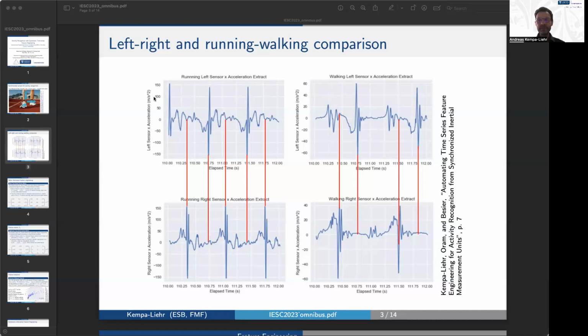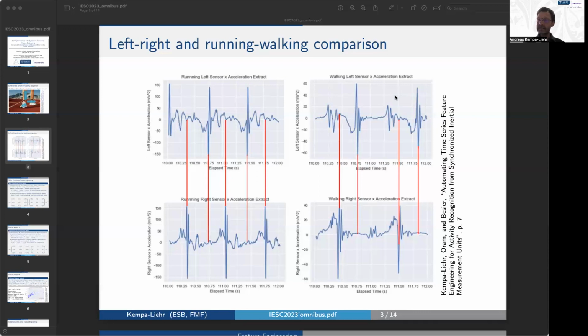What we have here is very typical: our signal itself is filled with errors, and this is one type of error, so the magnitude is too large. Nevertheless, given these measurements, we would be able to distinguish running and walking by saying, if the acceleration in peaks is larger than 100 meters per second squared, then it's more likely running, and below that, it's more likely to be a walking activity. So this would be the manual feature engineering approach.